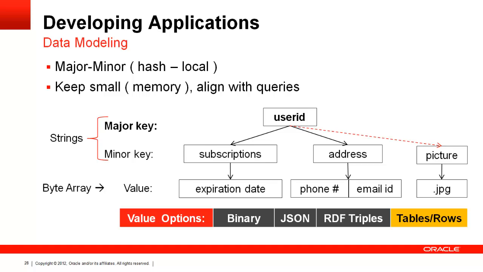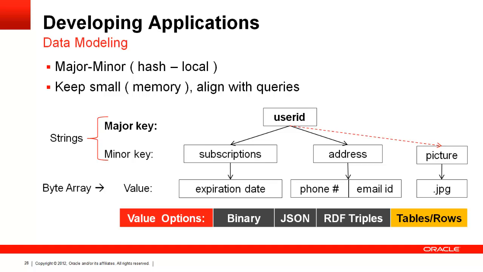Now, a couple things to point out here. Number one, our keys come in 2 components, what we call the major key and the minor key. The major key is the portion which actually results in hashing to a particular server process. So that's the thing that spreads the data around.